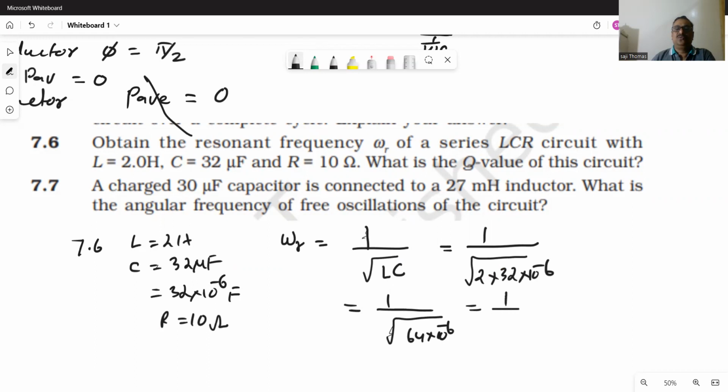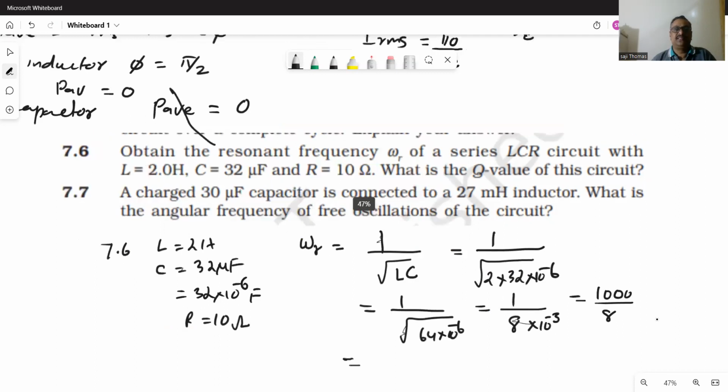Root of 64 is 8, and root of 10 raised to minus 6 is 10 raised to minus 3. So you take 10 raised to minus 3 to the numerator, 1000 divided by 8. So that will be the angular frequency. It is 125 radians per second.